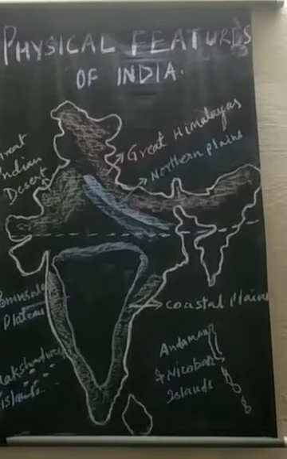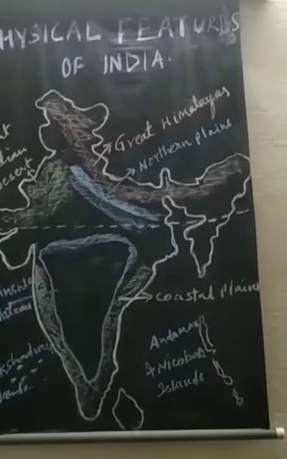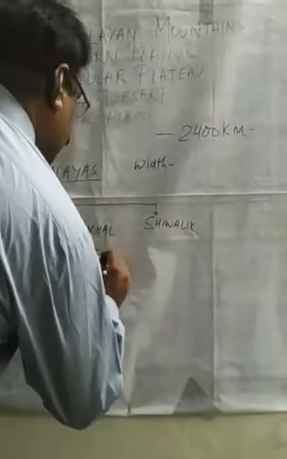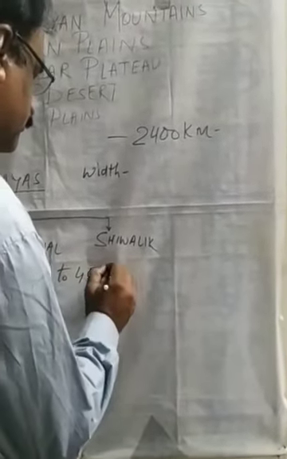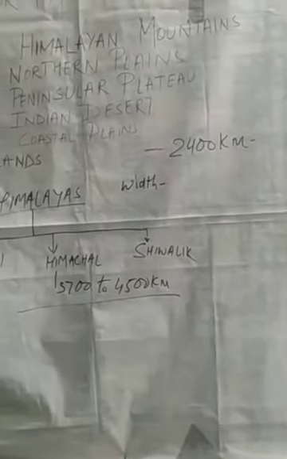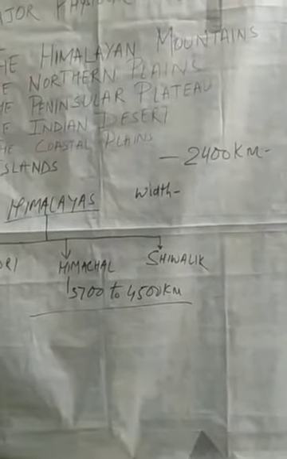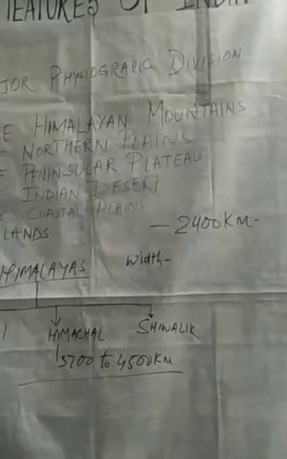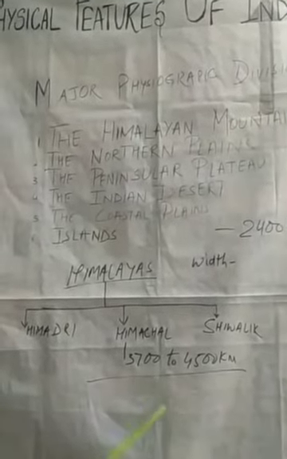The altitude varies between 3,700 and 4,500 meters. Pir Panjal and Dhauladhar are the important ranges of Himachal.